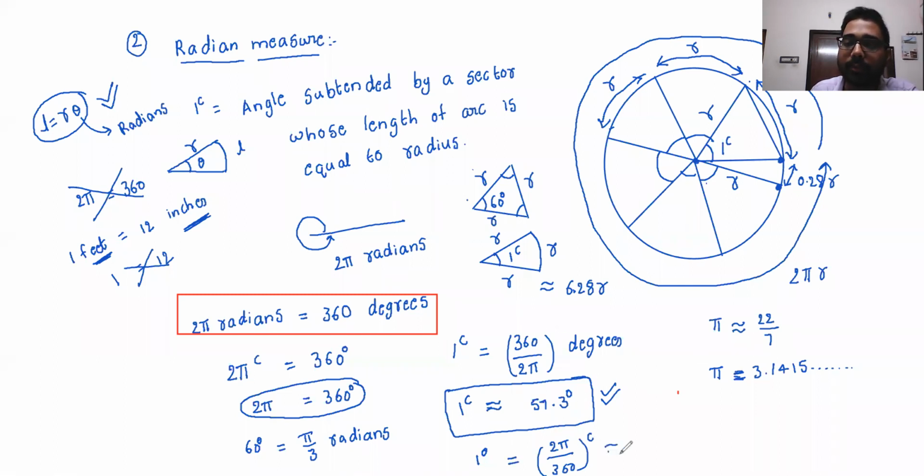So this is approximately equal to 0.017 radians. So we have another relationship: 1 degree is approximately equal to 0.017 radians. This is another relationship we have.